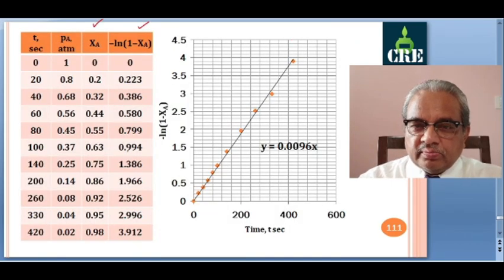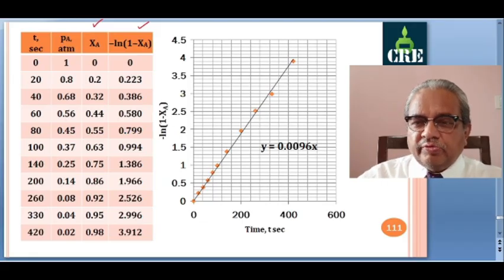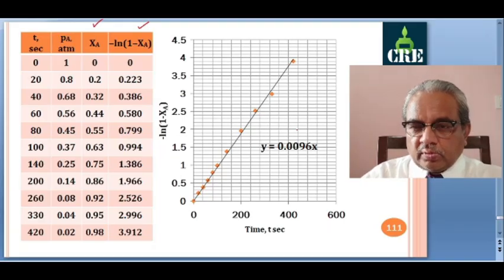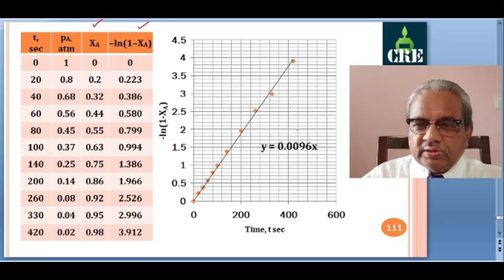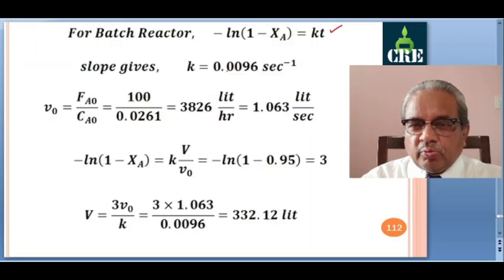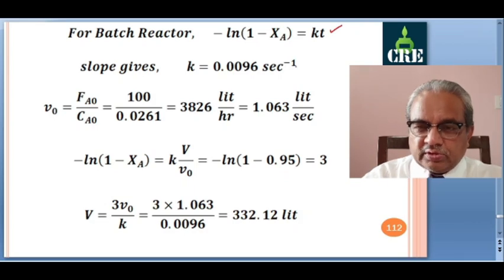Now you can see here there is some plus minus error, but still the data is fitting well, and y is equal to mx, so slope m is 0.0096. So data is fitting with the first order assumption, first order integrated form. That means it is certainly a first order reaction. So k is 0.0096 second inverse.